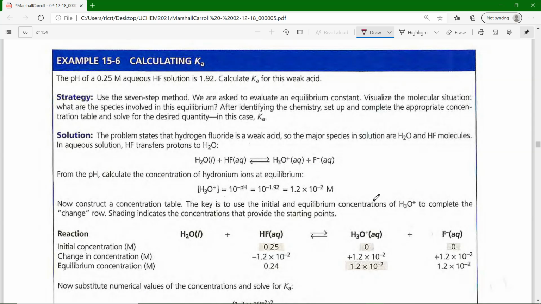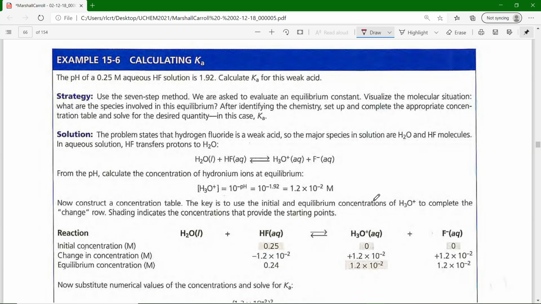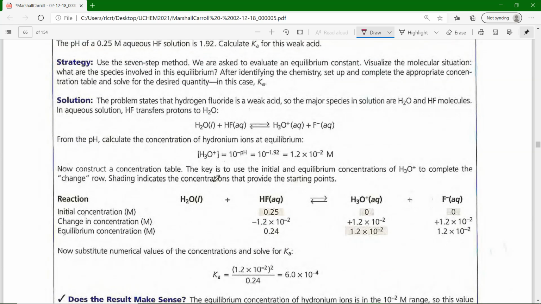Right into business. So we talked about the pH of a 0.25 molar solution being 1.92. Calculate the Ka. Here we do use our ICE diagrams. My HF was 0.25. My pH is 1.92, so my H3O+ is 10 to the minus 1.92, or 1.2 by 10 to the minus 2.